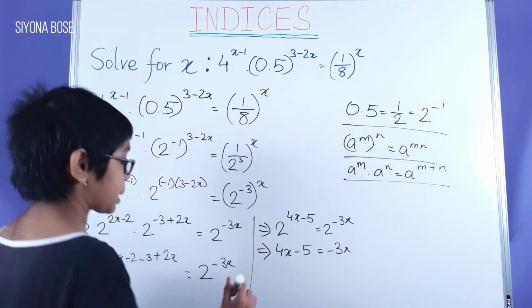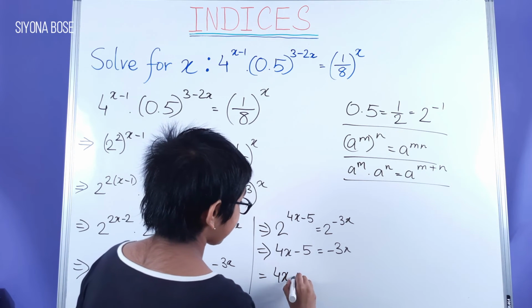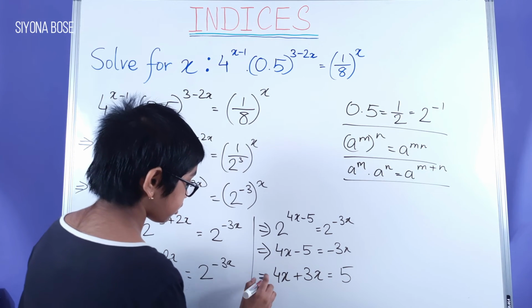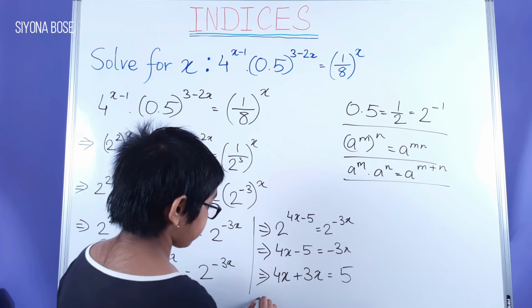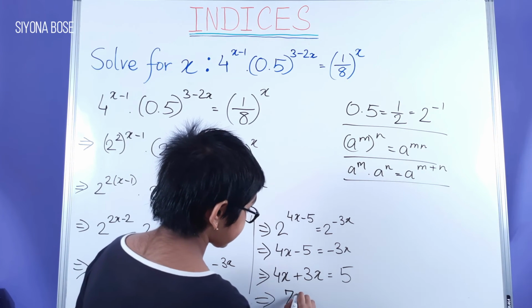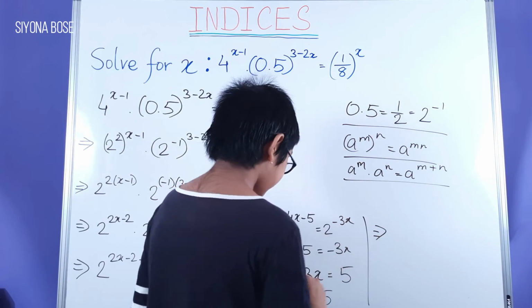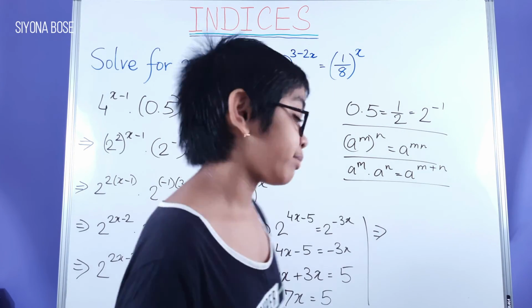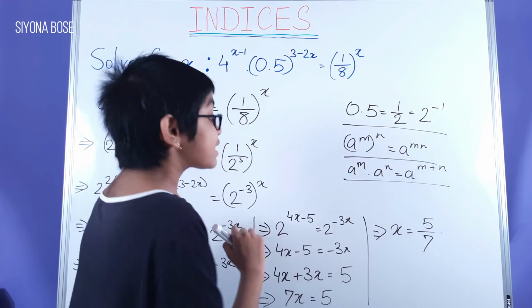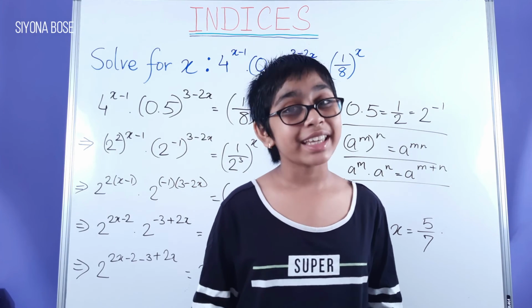Next, 4x + 3x = 5, and lastly, 7x = 5. That implies x = 5/7. So we solved for x and we got 5/7. This is our final answer.